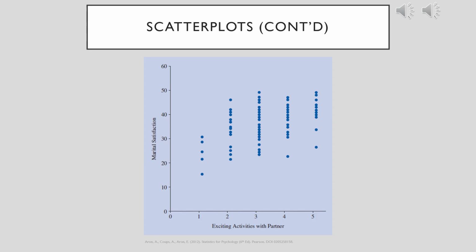So this is just a different look at something that you can still look at as a correlation. And it looks like there's a kind of moderate positive relationship here, where the more exciting activities you do with a partner tends to also be related to higher marital satisfaction, because you can imagine a line cutting through all of these dots that starts maybe towards the bottom left, around 15 or 20 on marital satisfaction, and then moves up to the right, maybe reaching around 35 or 40 on marital satisfaction.